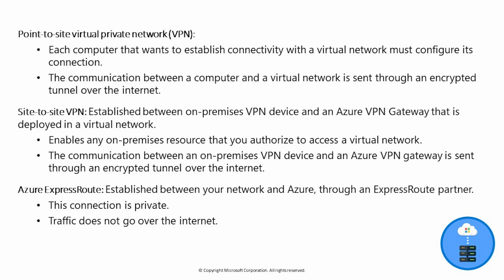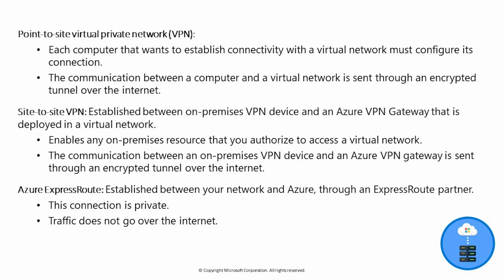So depending on the business use case, the site to site VPN has its own gateway, which is called the Azure VPN Gateway. On the other side, Azure ExpressRoute also has its own gateway, the Azure ExpressRoute gateway.